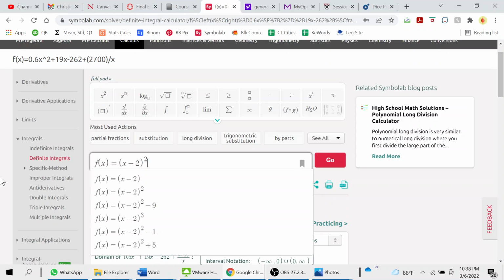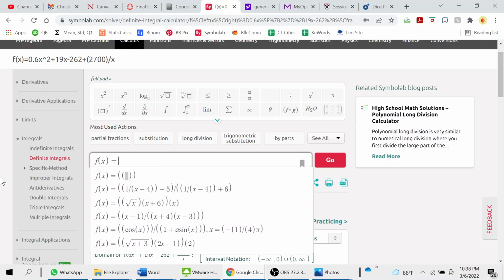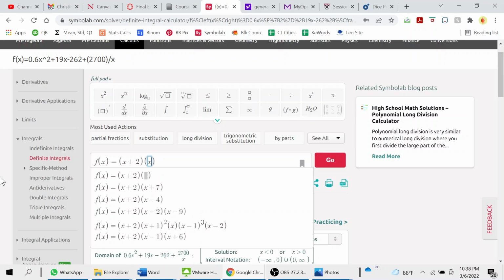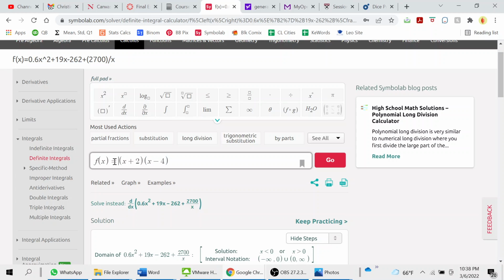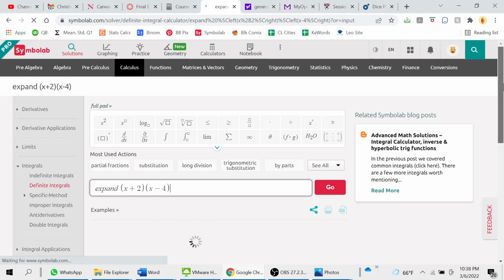So obviously for this, the x-intercept is 2. Let's see here. So x plus 2, x minus 4. Expand. So negative 2 and 4. Those are the x-intercepts.